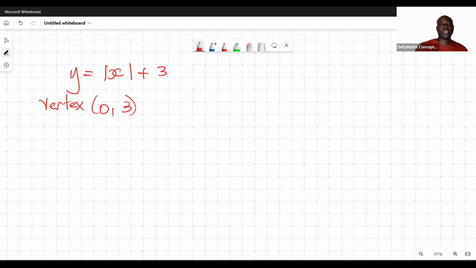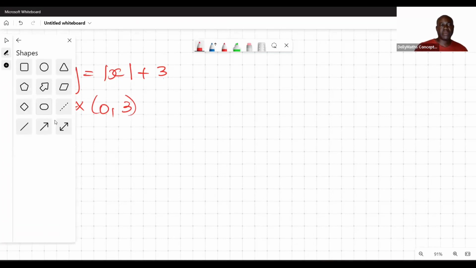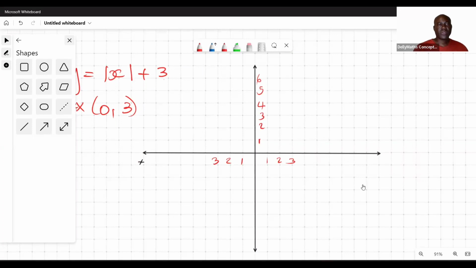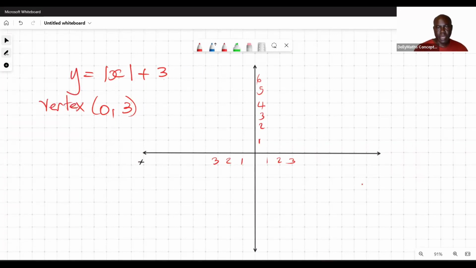So what we want to do is to quickly get a grid, go to 0, 3. So 0, 3 is right here. All right. And that's my vertex here.